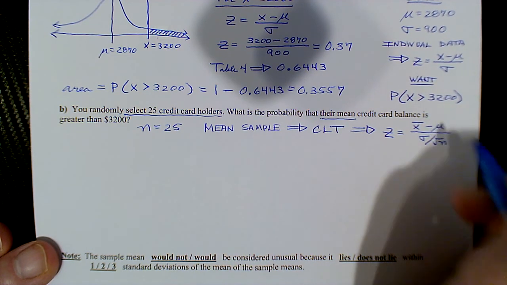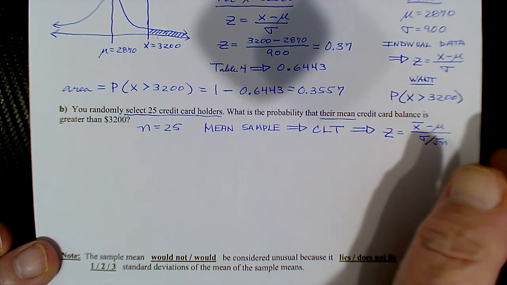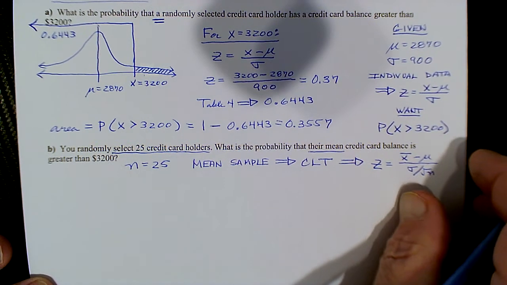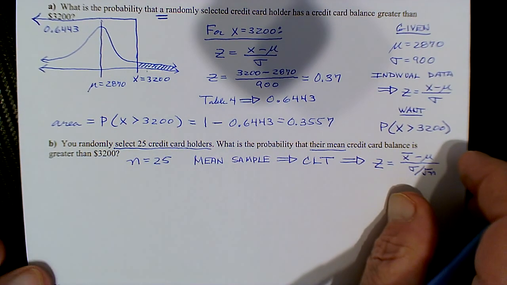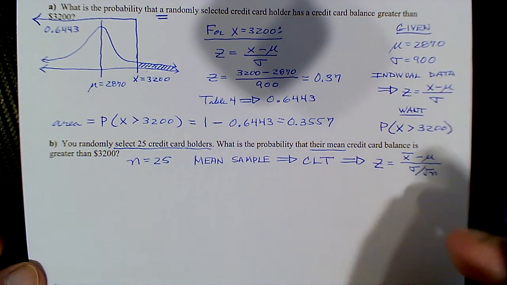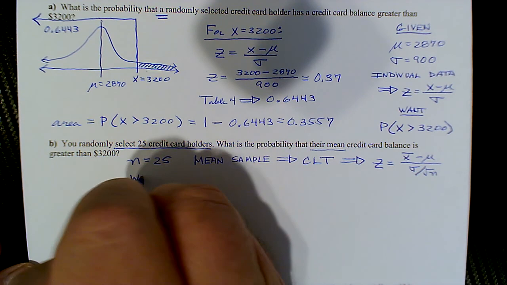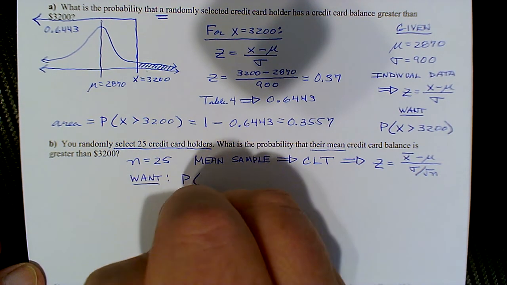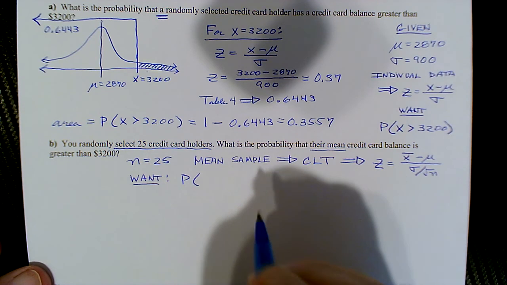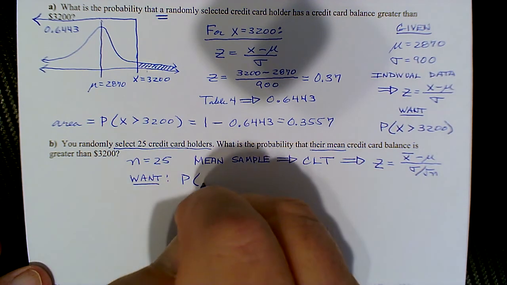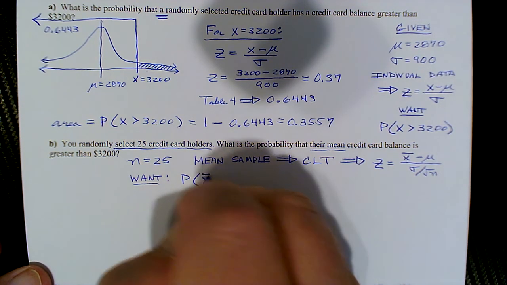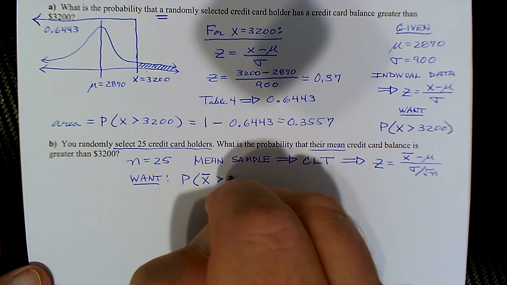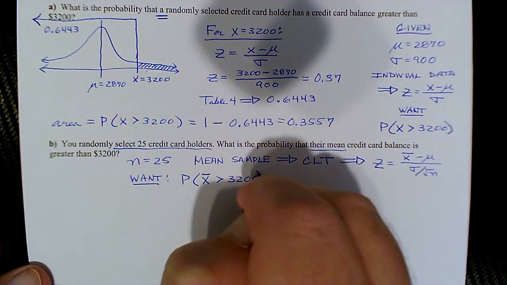And we're using the same mu and sigma as in part A. So what we want is the probability that the mean of the sample, x bar, is greater than the 3200.